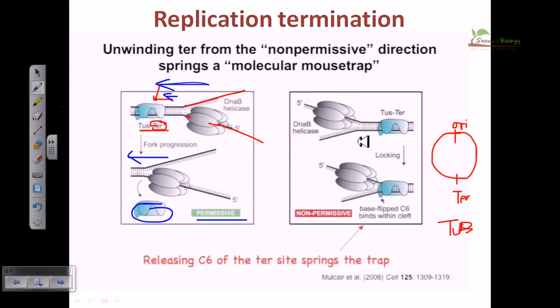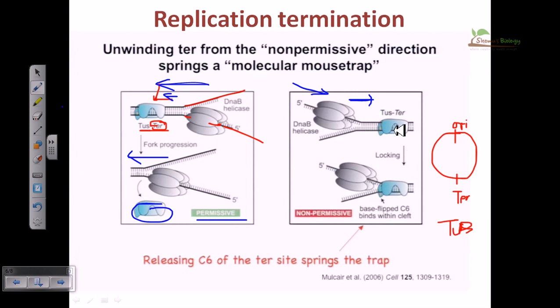Now in the second scenario, what can happen if this Tus-Ter protein binds to the same site, but the helicase is coming from the top region, from this 5' end, from the top region of the 5' end. Right after coming to this site, it must go on in this direction to dissociate Tus protein from this Ter region. But what happens when this helicase attacks from the top of the 5' end site?